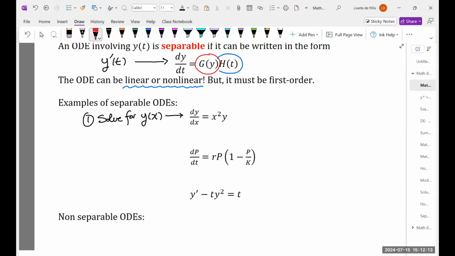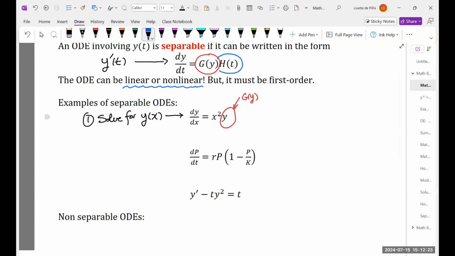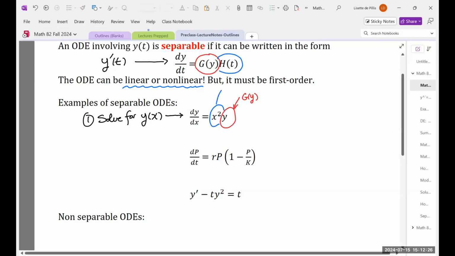So here is my function g of y. That's just equal to y. My function h is a pure function of x. So this is my h of x. So this is a nice separable equation. Let's look at the second example.